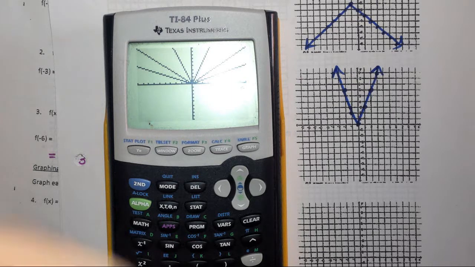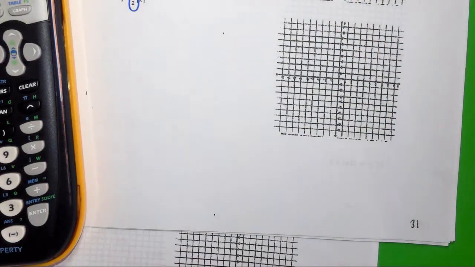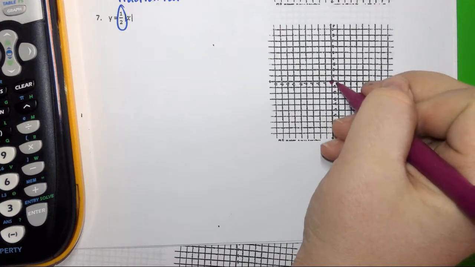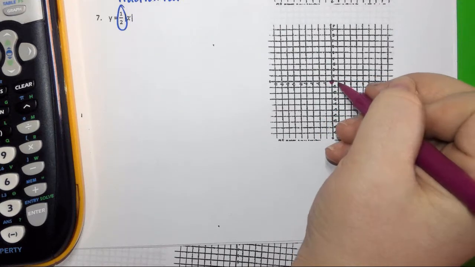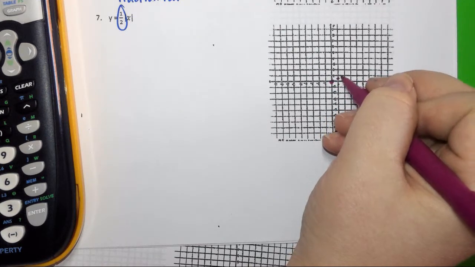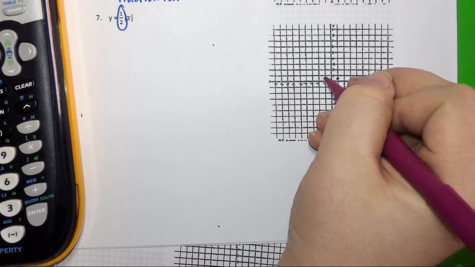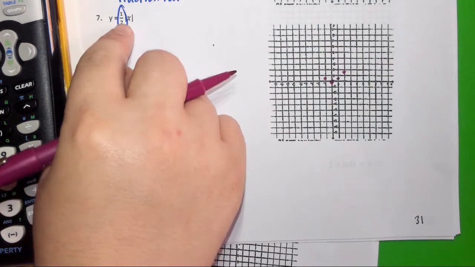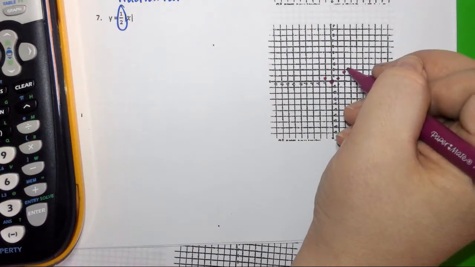You could, like Angel, use table. You could use trace to help you figure it out. Or, if you're thinking your mind through this, it's still going through the origin, but instead of over 1 up 1, we're going over 1 up 1/2. Because of that 1/2 on the outside, instead of over 1 up 1, I'm going over 1 just up 1/2.